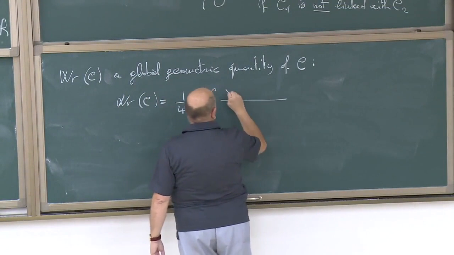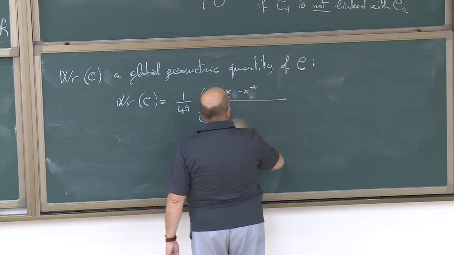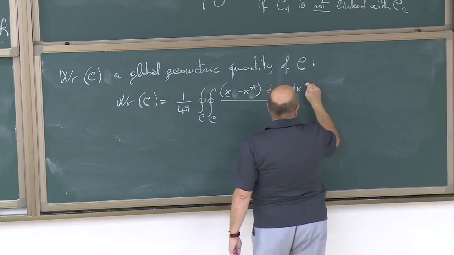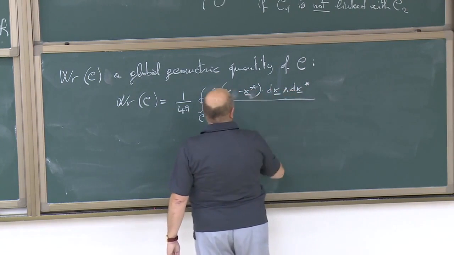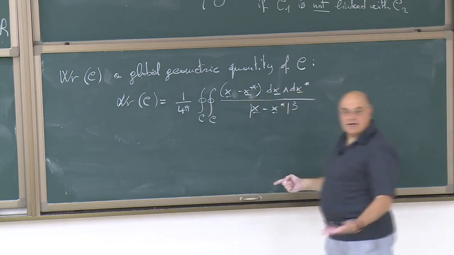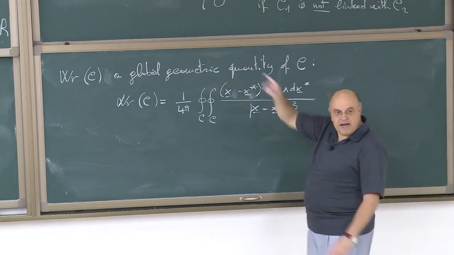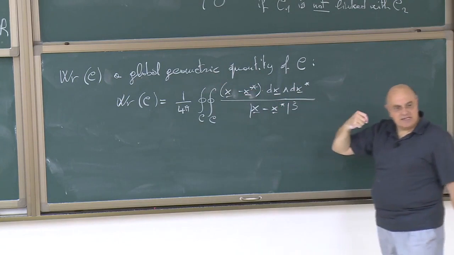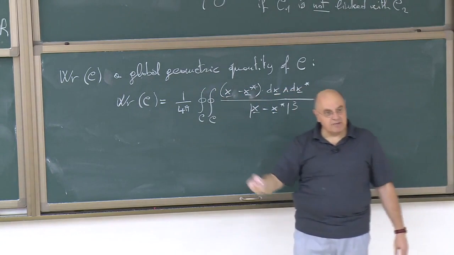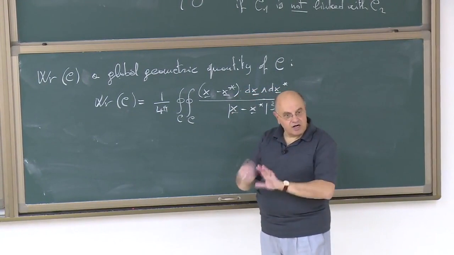And you have what? You have x1 minus x2. Okay, no, sorry. I used x and x star. X minus x star, dx wedge dx star, over X minus x star to the cube, is exactly, now I can say it, is exactly Biot-Savart. It's Biot-Savart that plays the role in helicity, in finding helicity in terms of linking number, with one exception, that in that case it was a linking number, really Biot-Savart, because these were two distinct curves.